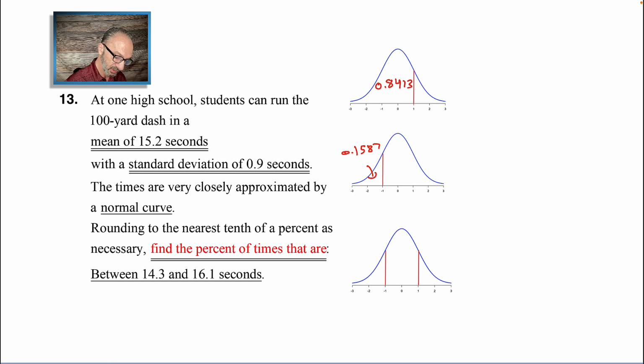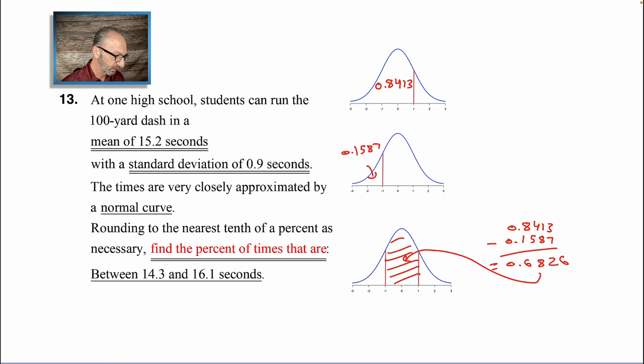So in between them, you need to subtract 0.8413 minus 0.1587, and the answer is 0.6826, and that is what's in between. To read it as percent, we read it as 68.26%. To the nearest tenth will be approximately 68.3%.